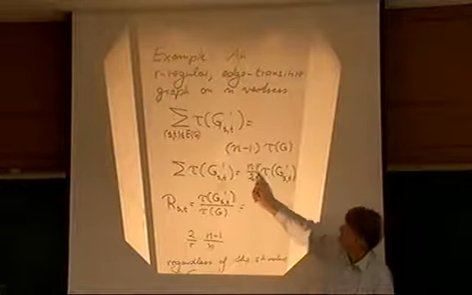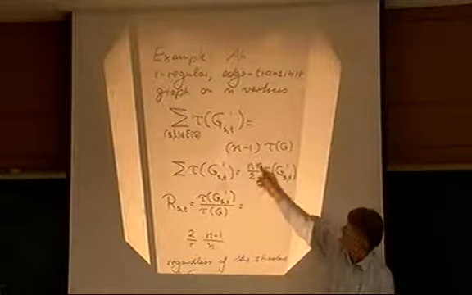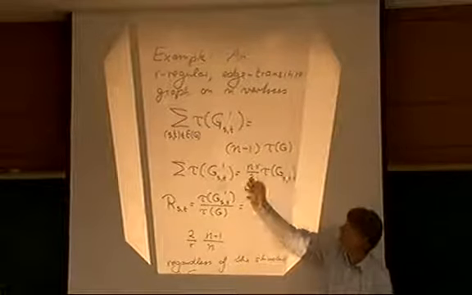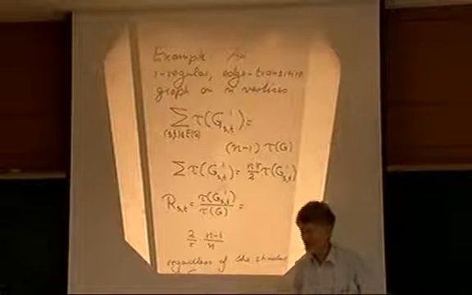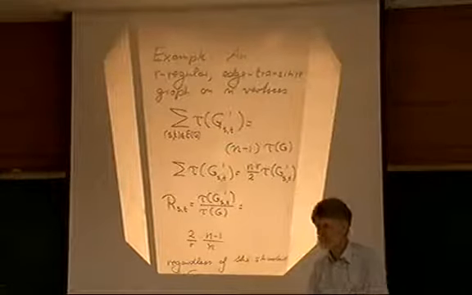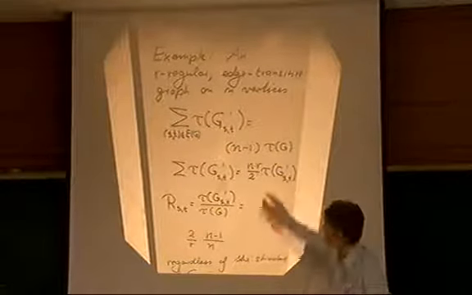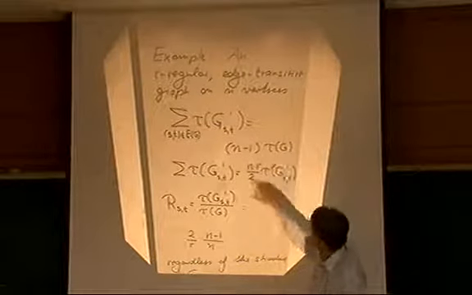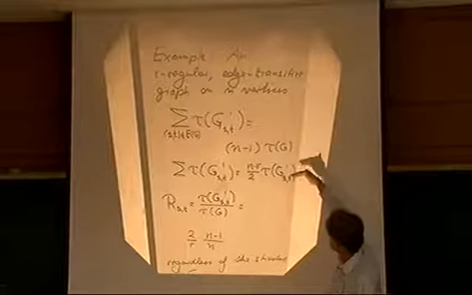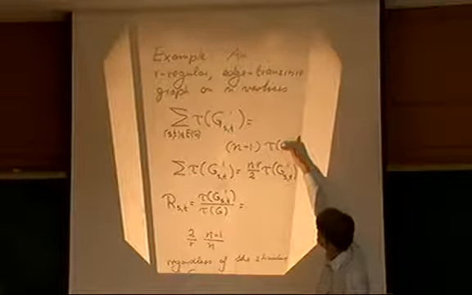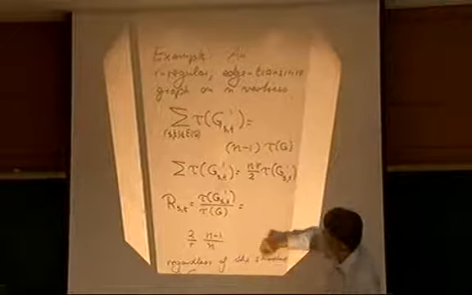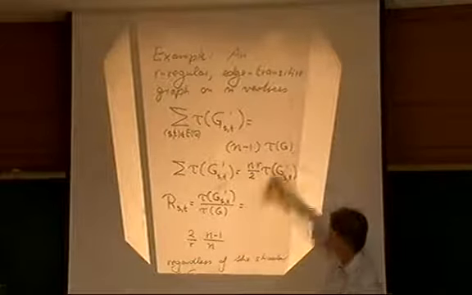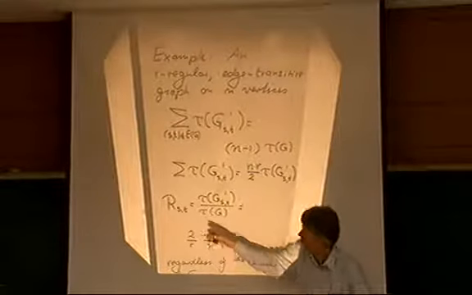It has n vertices, and all vertices have degree r, so the number of edges is n multiplied by r divided by 2. You remember in a graph, the number of edges is the sum of valences divided by 2. But look, this number is equal to that number. Now I can find the fraction of this divided by this, and that's the effective resistance. By combining these two things, you will get this.